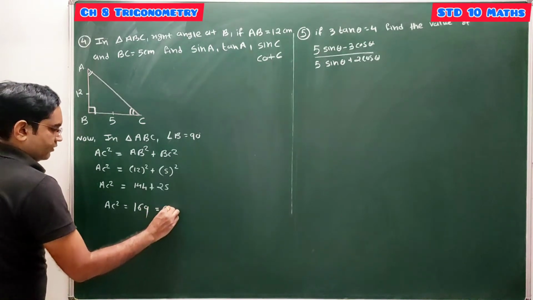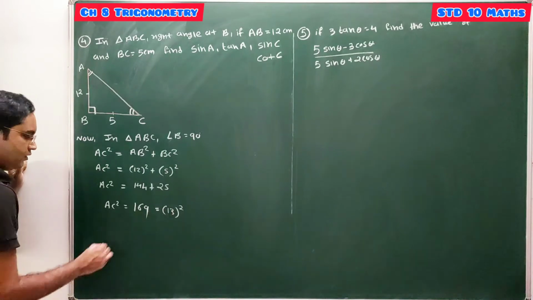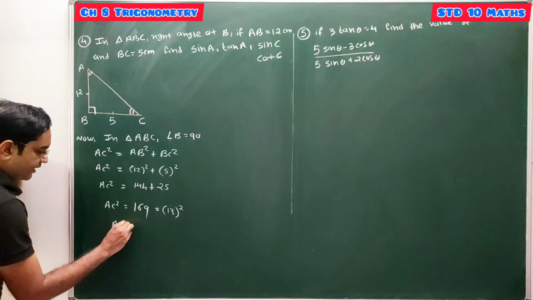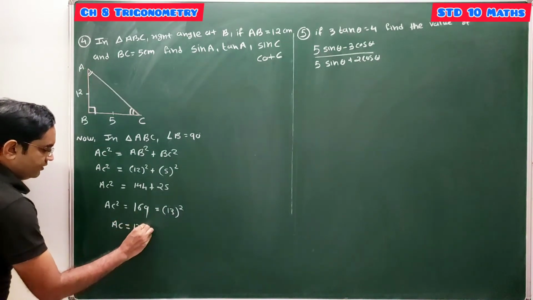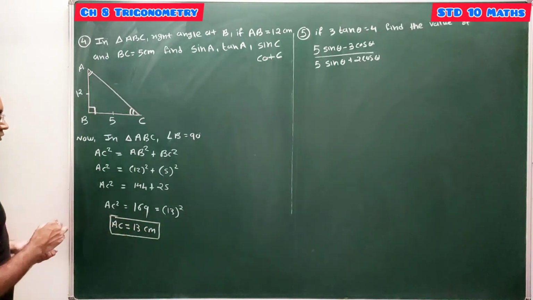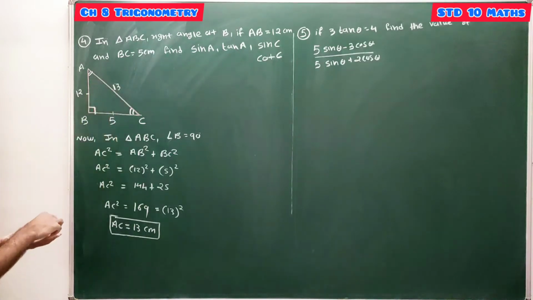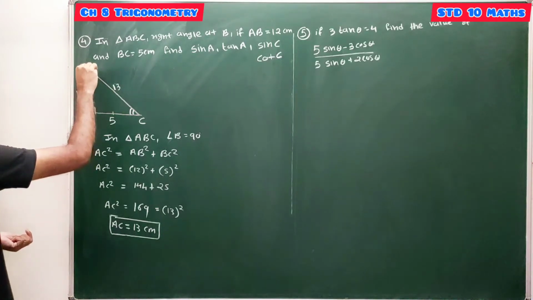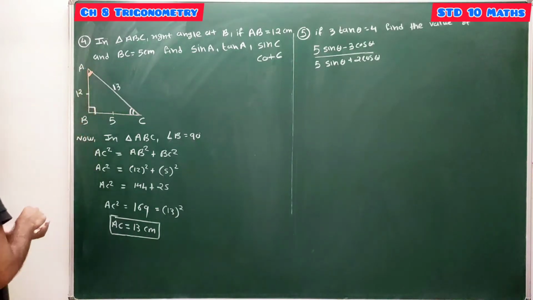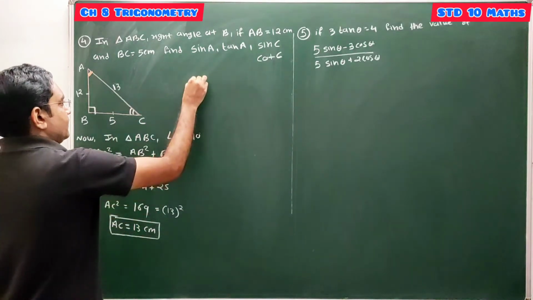169 is the square of 13. So here you can compare AC square equal to 13 square, and therefore again we can write AC equal to 13 centimeter, not plus or minus, because AC is the length of hypotenuse. So length of this hypotenuse is 13. So now you can find all 6 trigonometric ratios for this acute angle A, है ना? So sin A. So what is the definition of sin A?